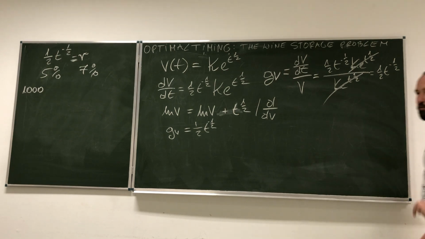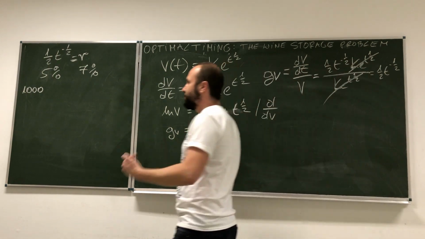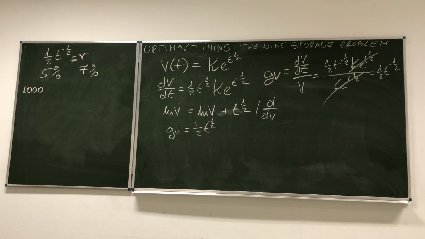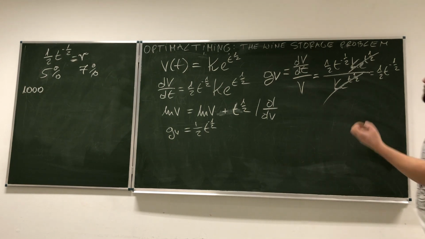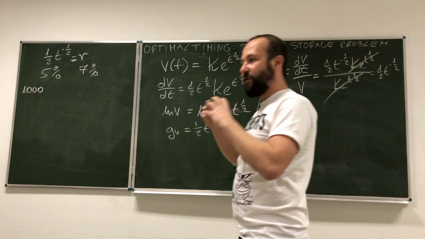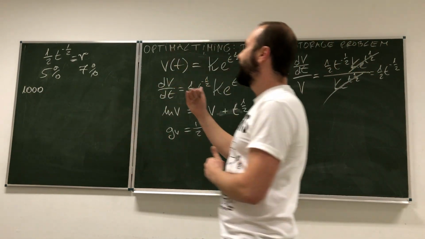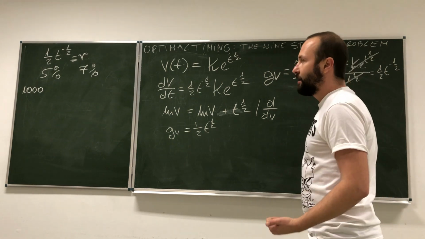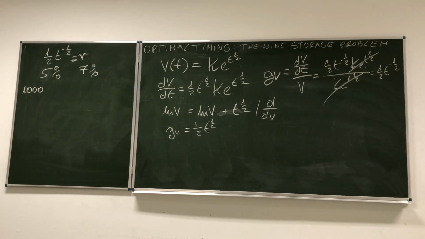But if you're going to keep the wine, the value of the wine is going to grow by 5%. It's going to be worth $1,050 next year. So the value of your wine increased by 5%. So look, this time, it was a good decision to sell the wine and just put the money into a bank.